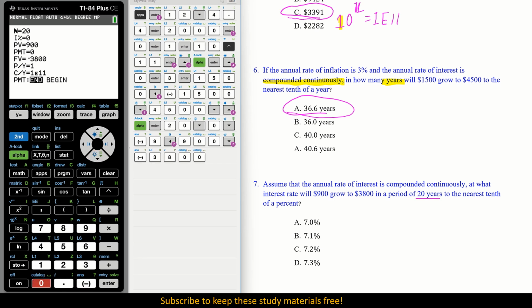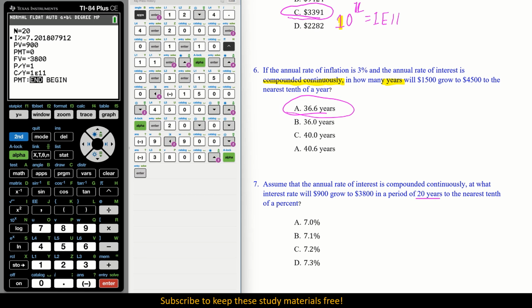We're going to make future negative this time. Okay, and we don't mess with the bottom because the 1 and 1e to the 11 is our setup that we need. Now we're going to go up to where it says interest and get rid of that 0 and say alpha, enter, and there's our value.